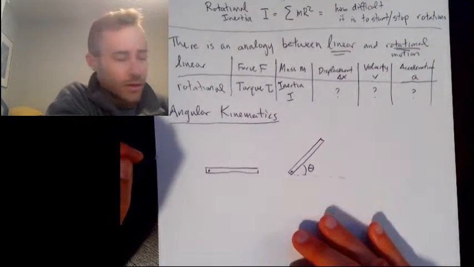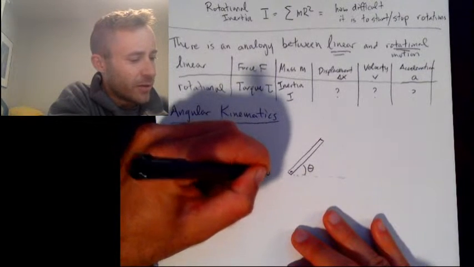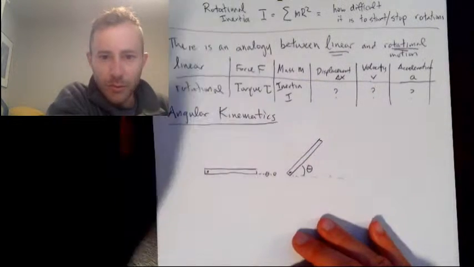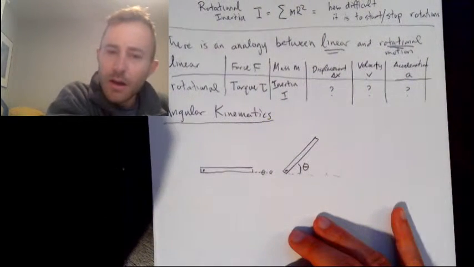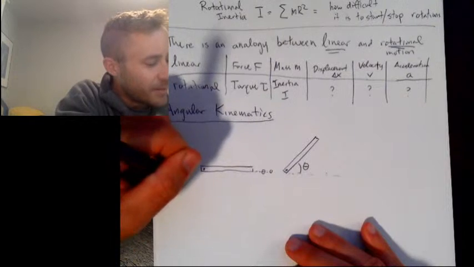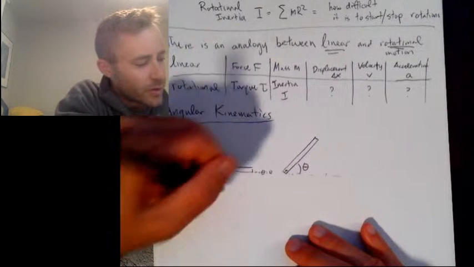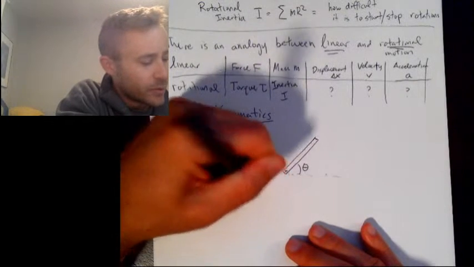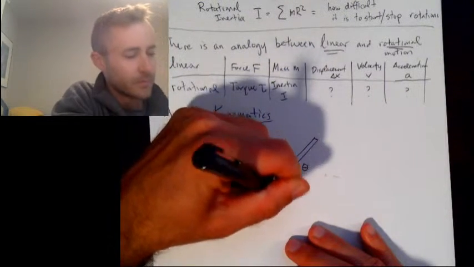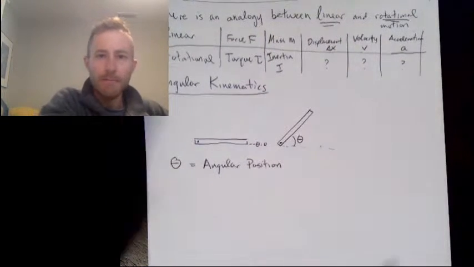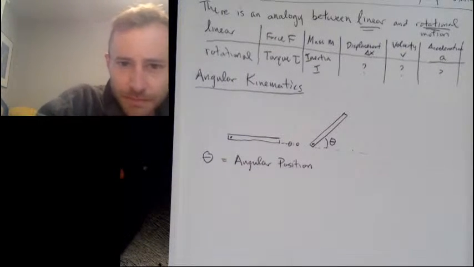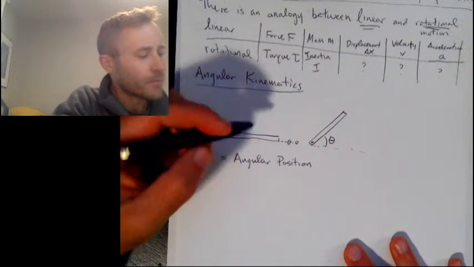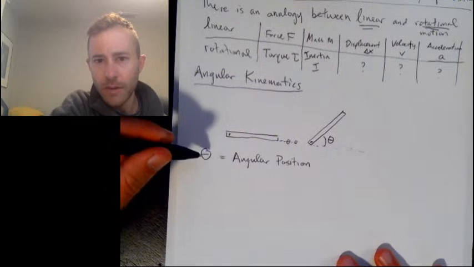Here it has an angle of 0. Here it has an angle that's roughly 45 degrees. Okay, so theta is called the angular position. Okay, it's the angular position. All right.